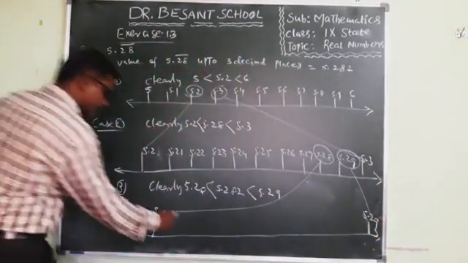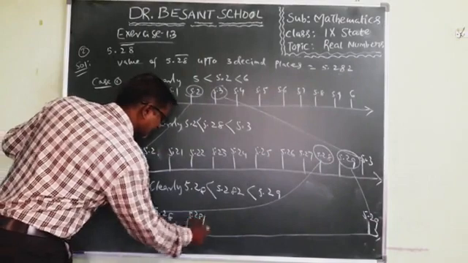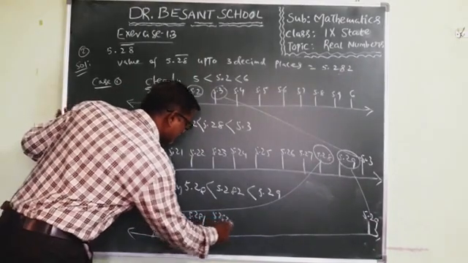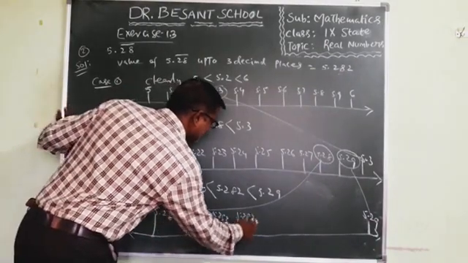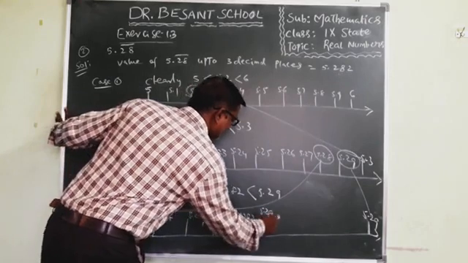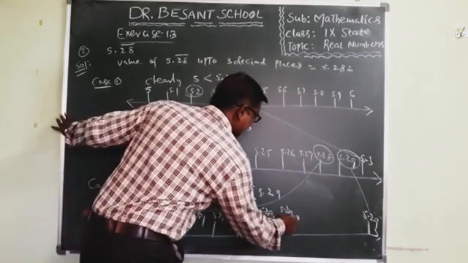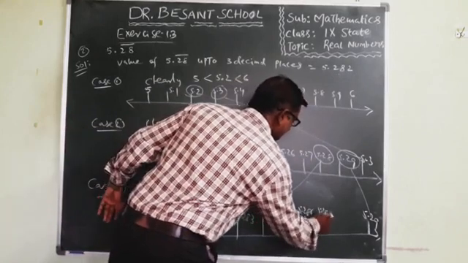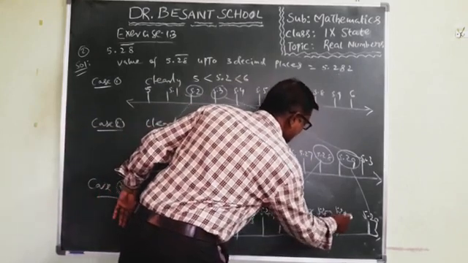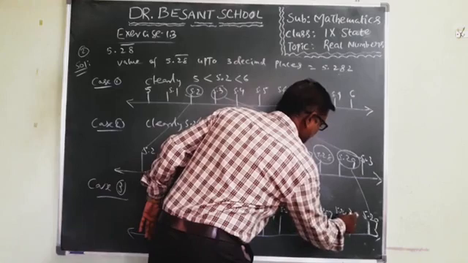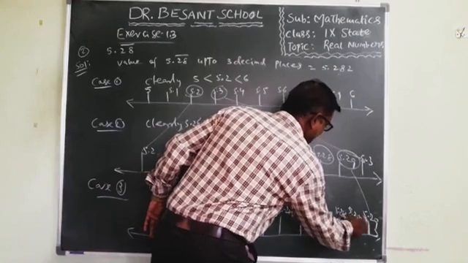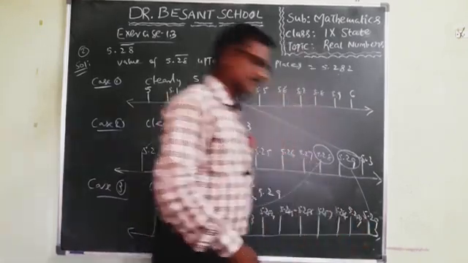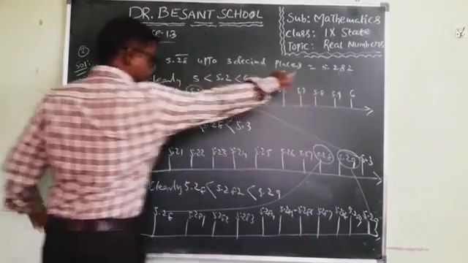After 5.28 comes 5.281, 5.282, 5.283, 5.284, 5.285, 5.286, 5.287, 5.288, 5.289, and after 5.289 comes 5.290. So where is 5.282?